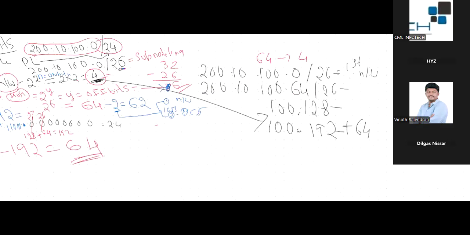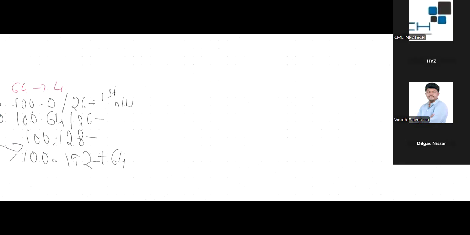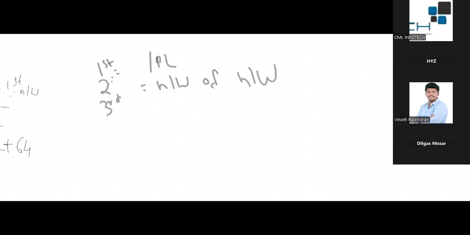So the steps are very easy. First, the slash value, the prefix length. Second, the number of networks. Third, the number of hosts.